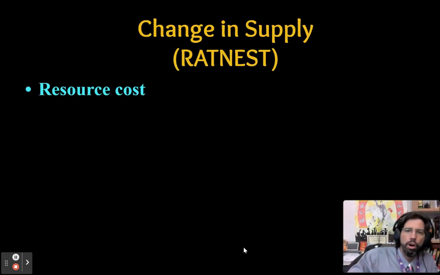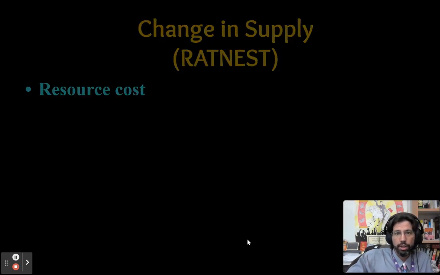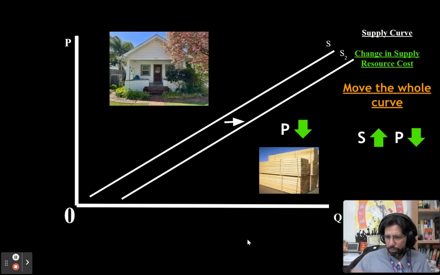Let's start with the R, which is resource cost in RATNES. This is pretty simple. Any factors of production that actually raise in price impacts the supply of a finished item. So in this case, let's just say we have a house. And that house, of course, is going to be made of wood.